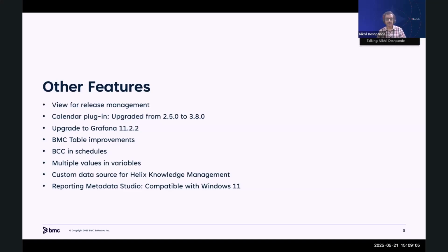Then there's the calendar plugin. It's a community plugin that we have had in the product for a while. It was on version 2.5. We have upgraded to the latest version 3.8.0. There are several improvements in this version, several bug fixes, as well as a new year-long view. So for example, if you've used our out-of-the-box change calendar dashboard, it uses this plugin.